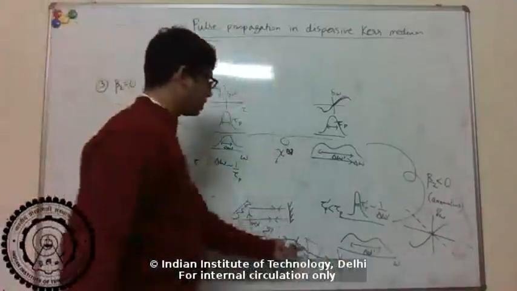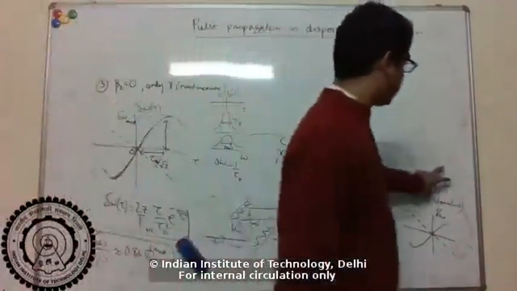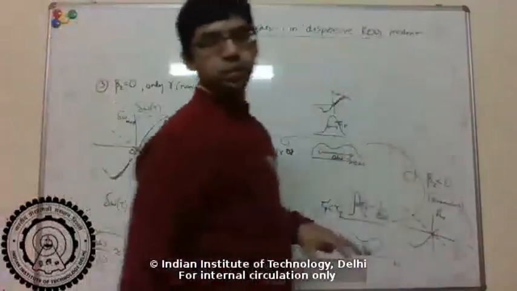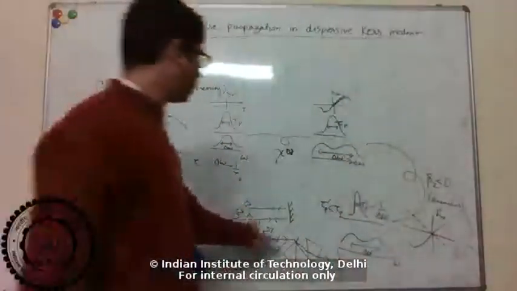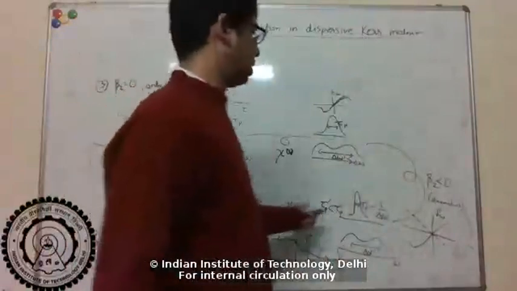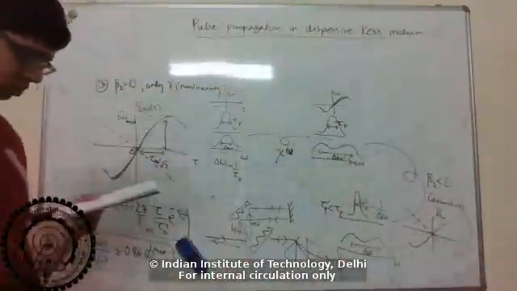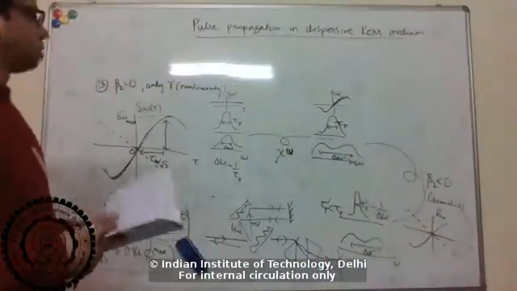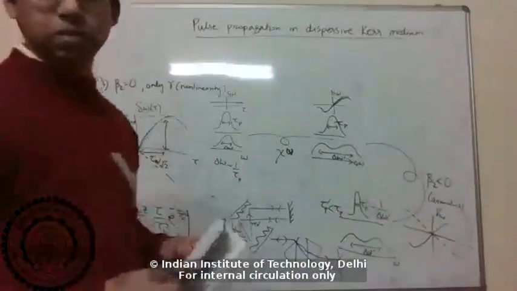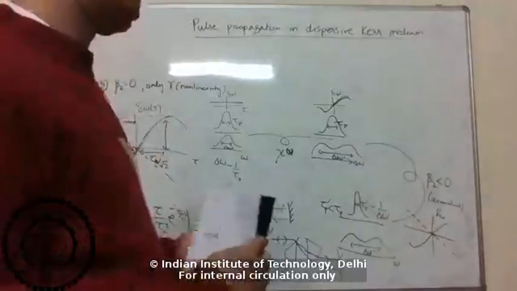Okay, so using grating pairs or prism pairs, you can mimic this anomalous dispersion. Right? Basically, you need a frequency dependent phase to happen. So this idea is used in ultra short pulse lasers.